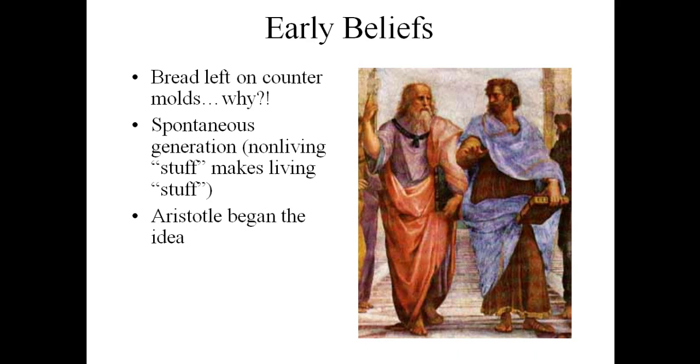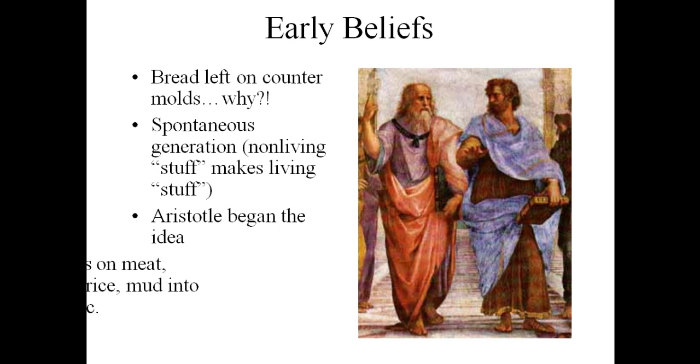The example I have on here is bread being left on the counter. If you leave bread on the counter, you know bread is not living, but it gives rise to a living organism. Now, keep in mind that organism isn't moving. You can't really actively see it reproducing, but those are all things that it is doing. So by definition, it met Aristotle's criteria of spontaneous generation.